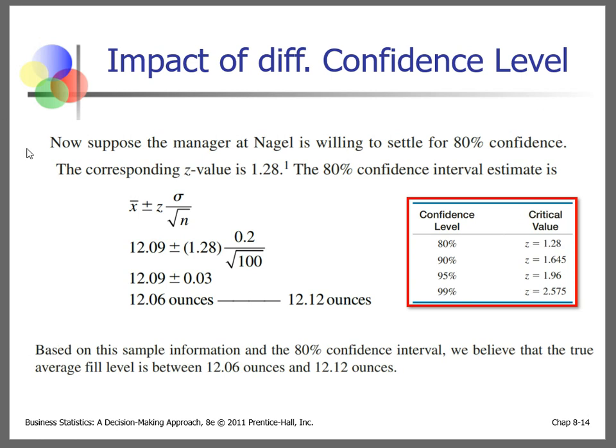Now suppose the manager at Nagel is willing to settle for 80% confidence. The corresponding Z value is 1.28 for 80%. Thus, the 80% confidence interval estimate is computed, which results in 12.06 ounces to 12.12 ounces.